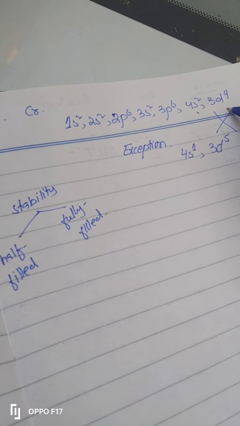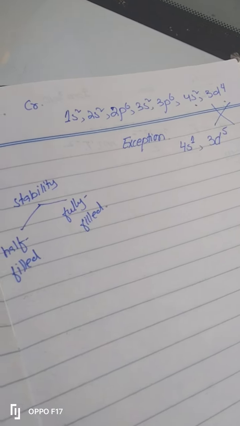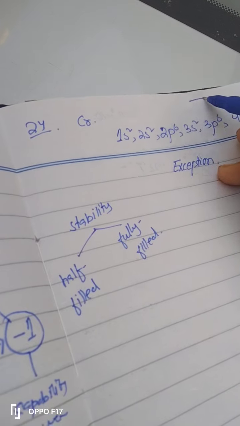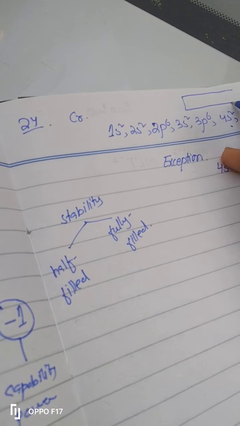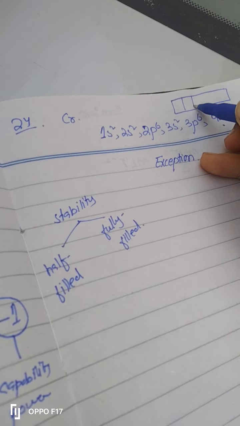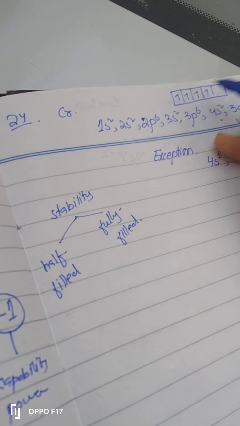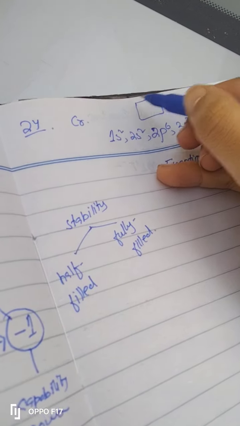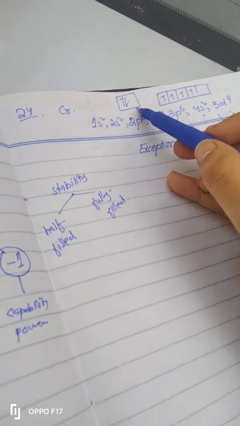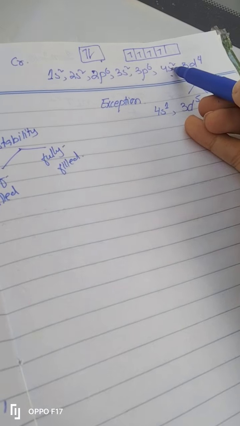But this is not fully filled, and it is not half filled either. And the 4s1 is half filled, which means it is stable, but the 3d is not stable.